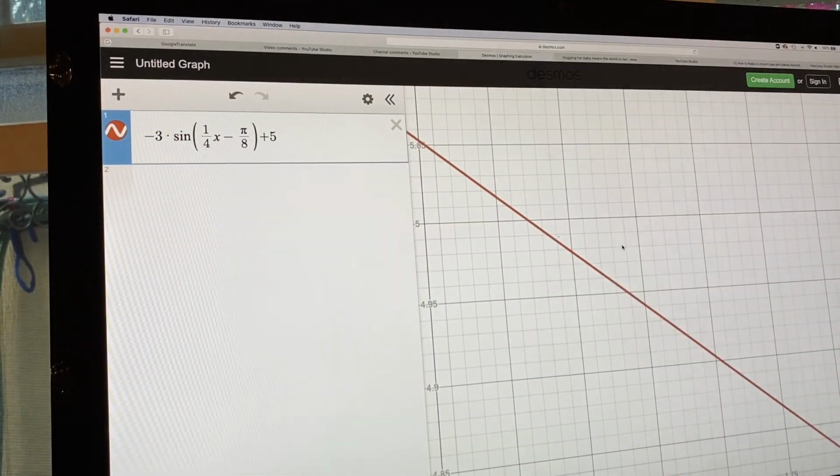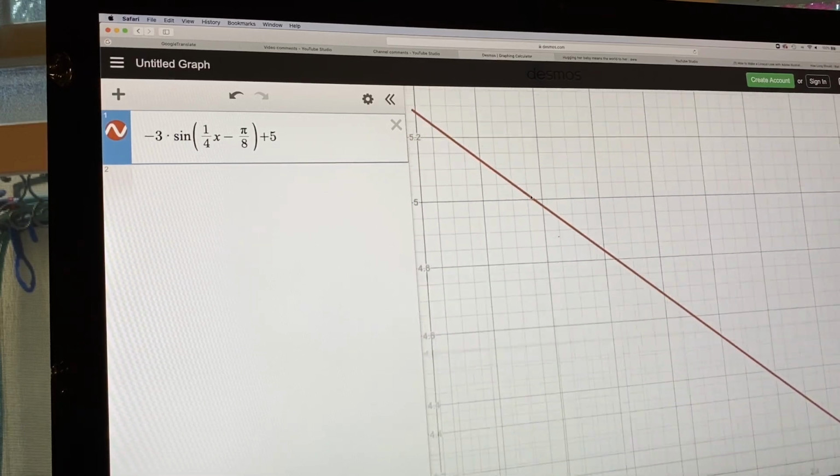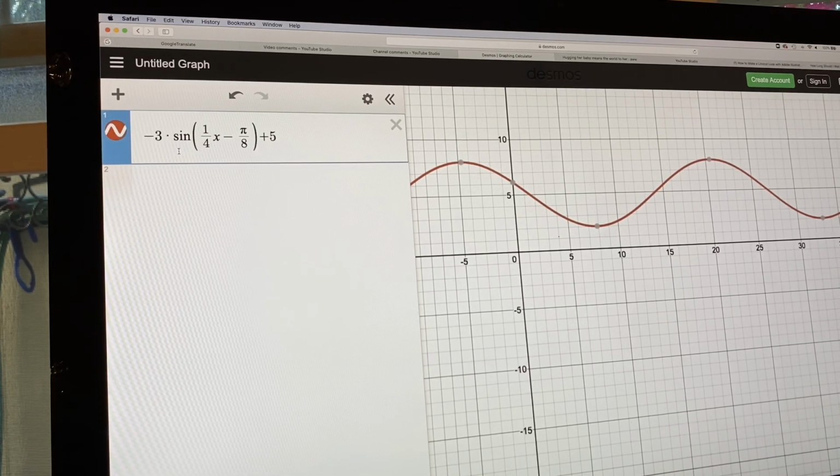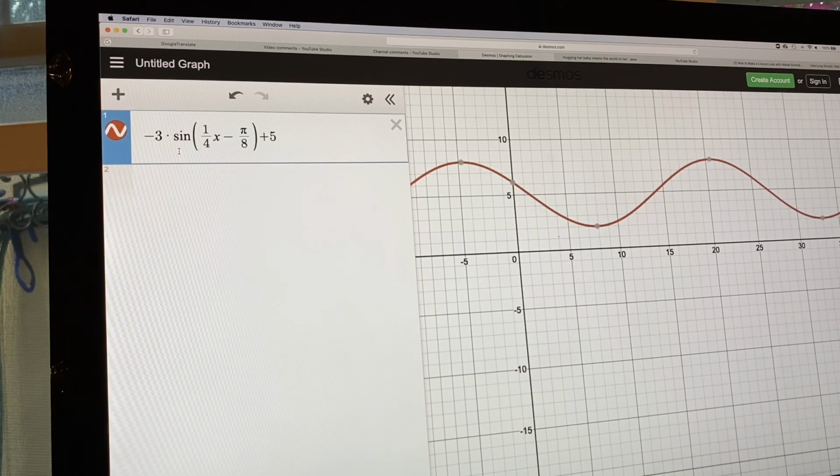I put in that graph function, the trigonometry function. I'm sorry, when I am too focused in thinking, my language does not follow up. Please excuse me. -3 times sine of 1 over 4x minus pi over 8, plus 5.